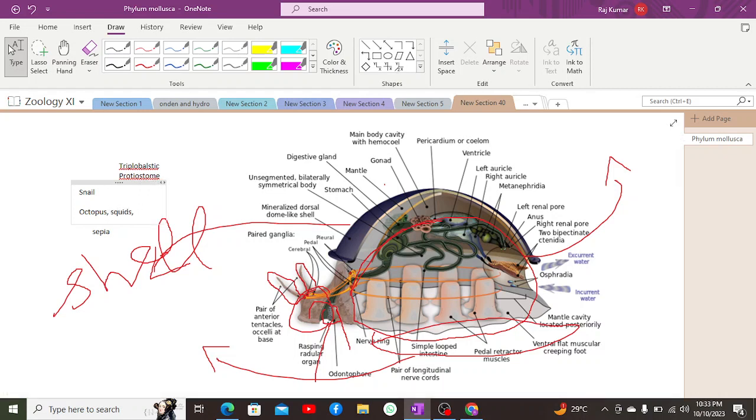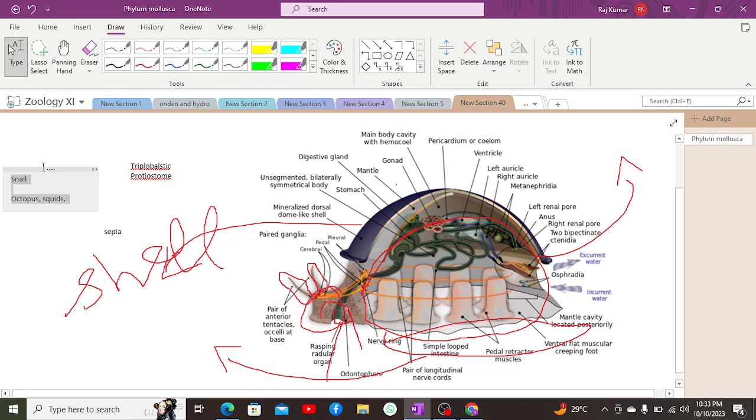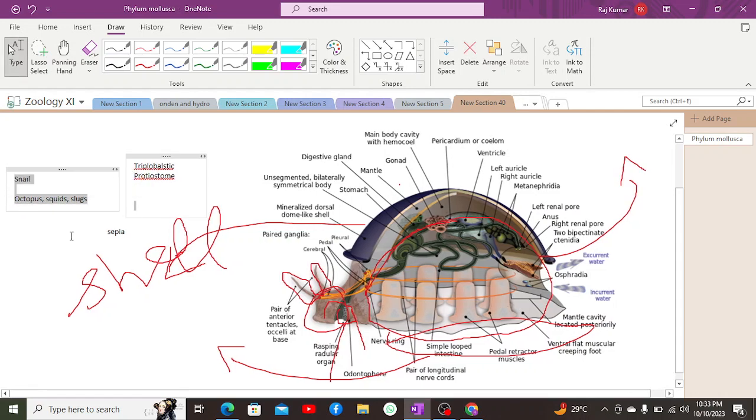Squids have the scientific name Loligo. After that, we have slugs, which do not have a shell on the outside.